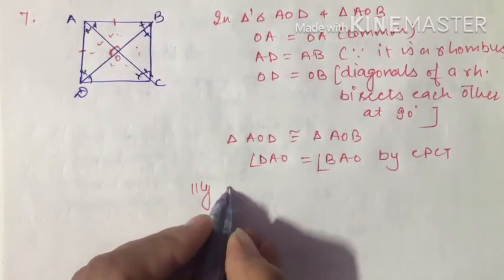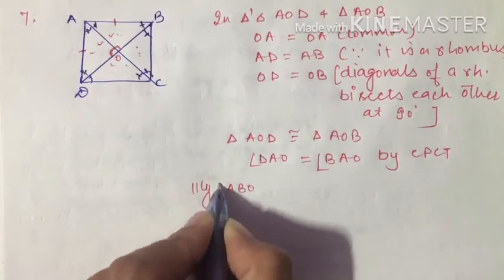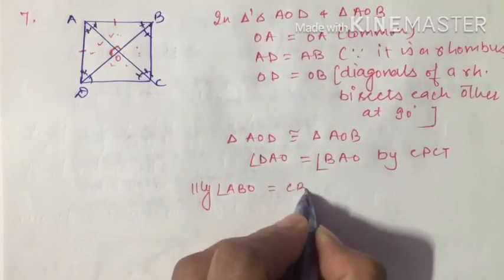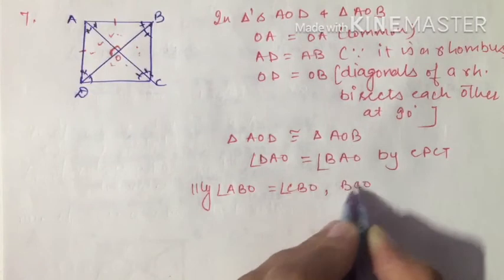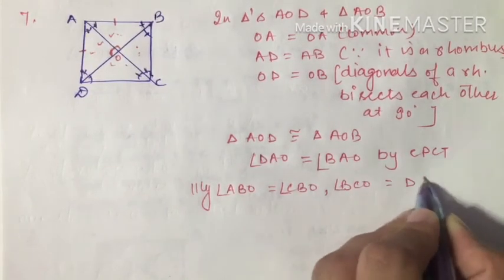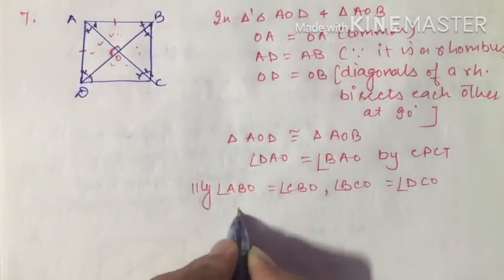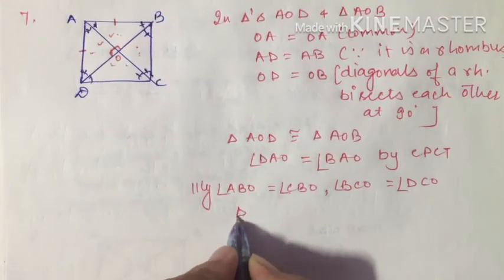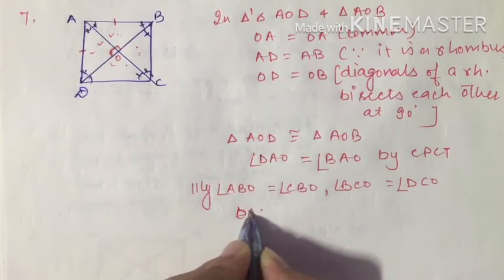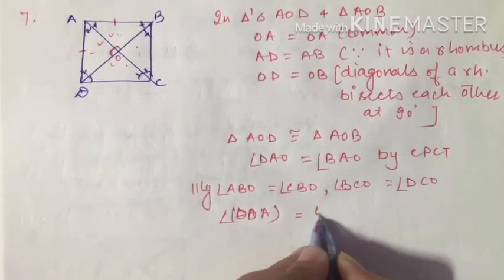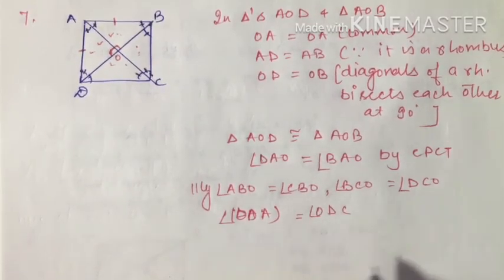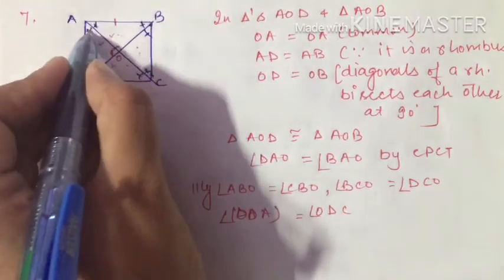Similarly, angle ABO is equal to angle CBO, and angle BCO is equal to angle DCO, and angle ODA is equal to angle ODC. Okay, fine. That shows that all the angles are equal.